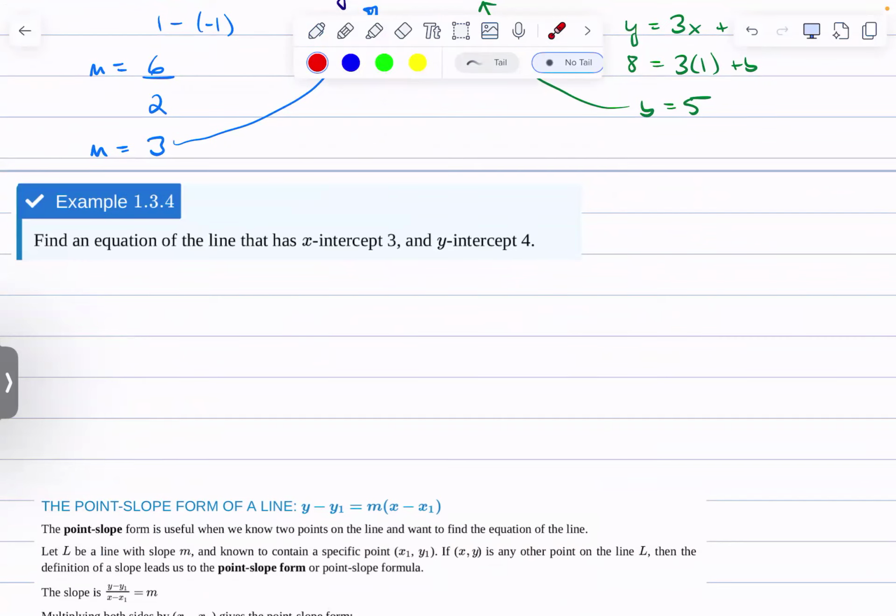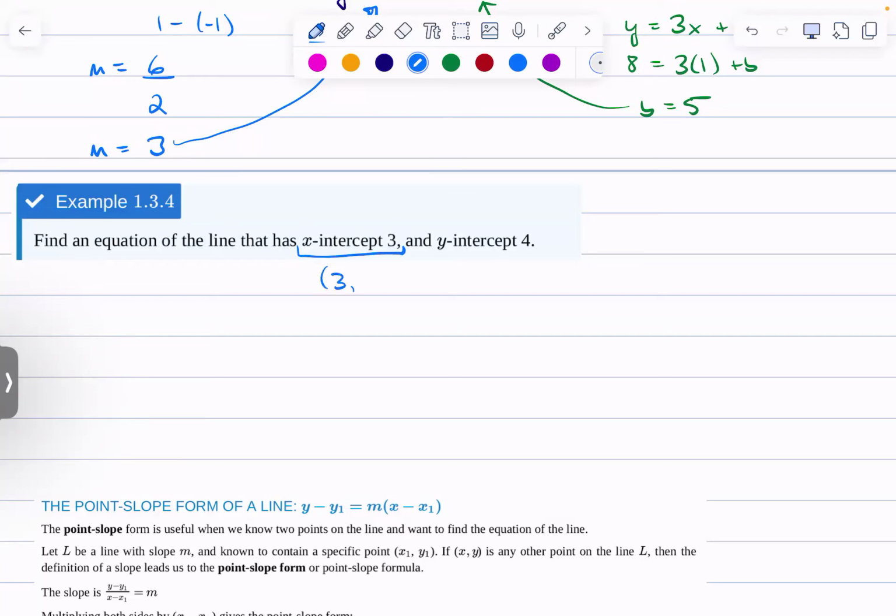Find an equation of a line that has x-intercept 3 and y-intercept 4. So we already have the y-intercept. That's nice. We're just missing the slope, right? But we also need some points. This is kind of a sneaky way of saying when y is 0, x is 3, right?